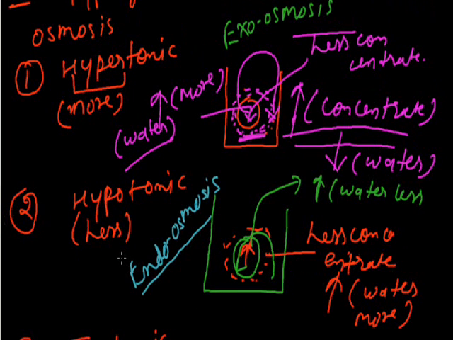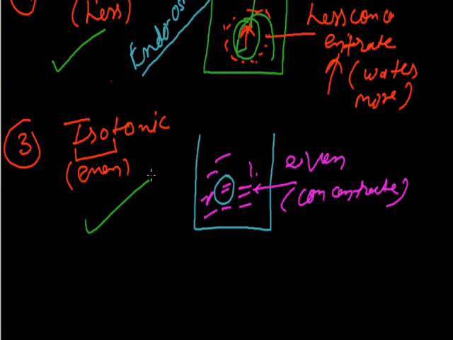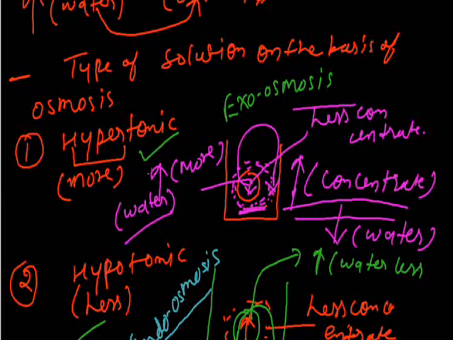So we have three kinds of solution: first hypertonic, second hypotonic, and third isotonic. All of the three are very important.